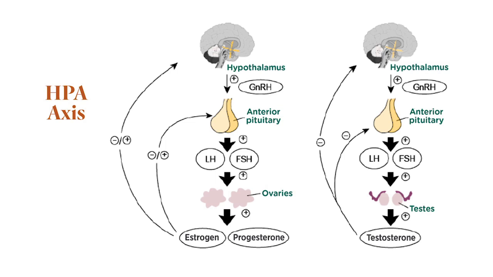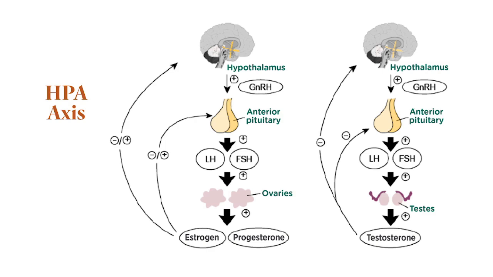Gonadotropin releasing hormone, or GnRH, is secreted, just like all the other hormones, from the hypothalamus, which in turn stimulates, once again, the pituitary gland, but this time to produce luteinizing hormone, or LH, and follicle-stimulating hormone, or FSH, which in turn act on the gonads to produce estrogen and testosterone, respectively. Once again, negative feedback loops exist to turn off this signaling pathway.